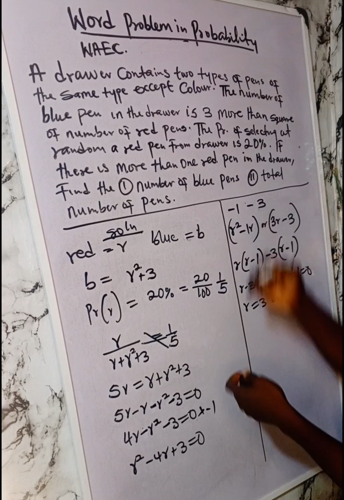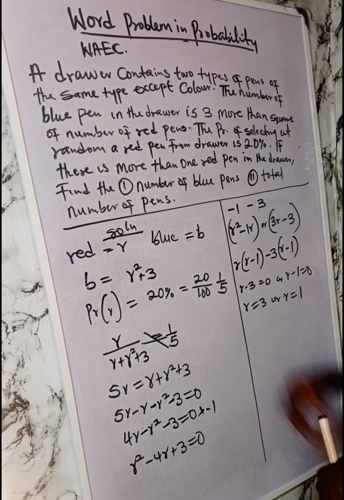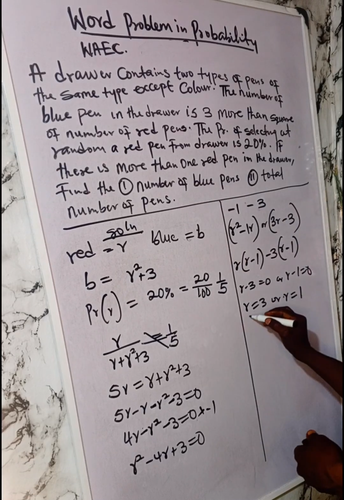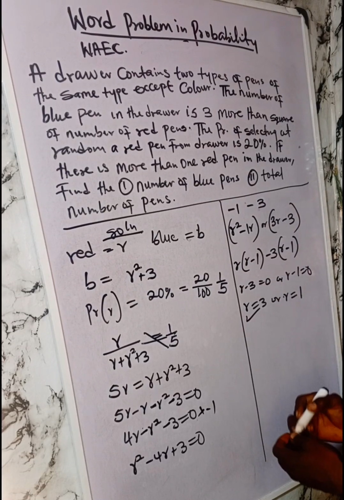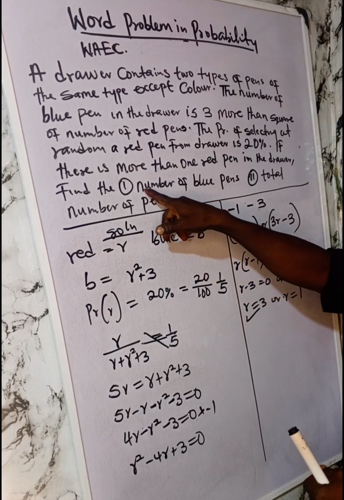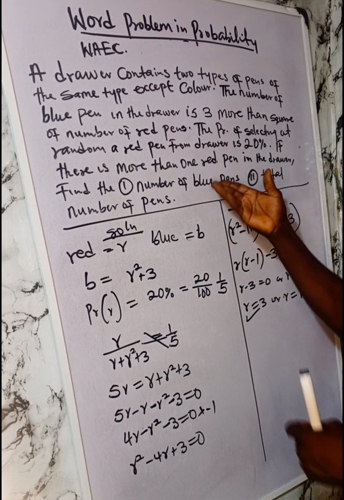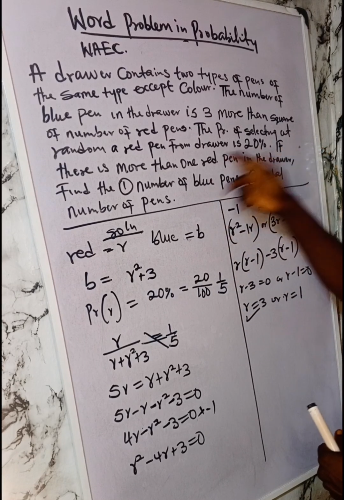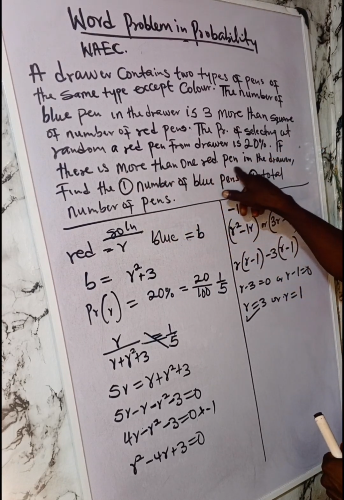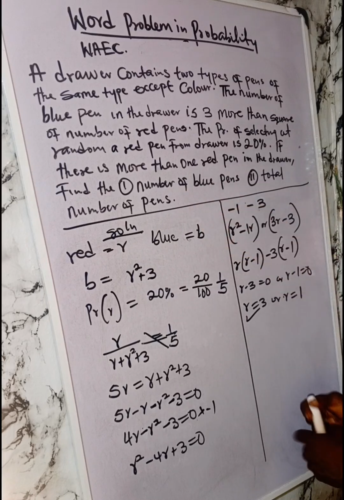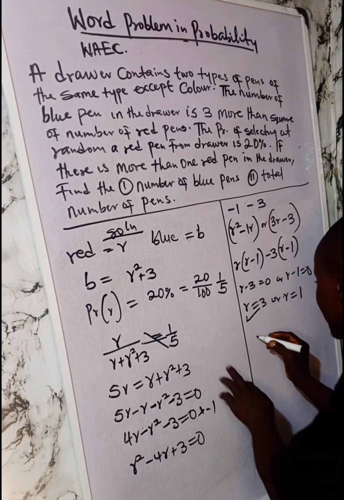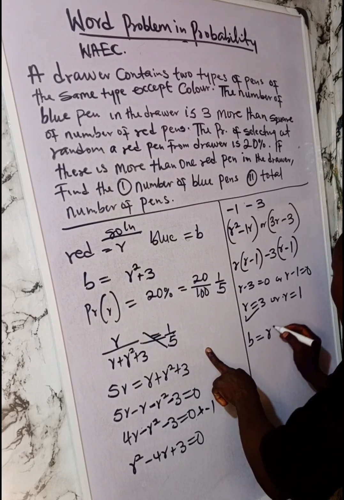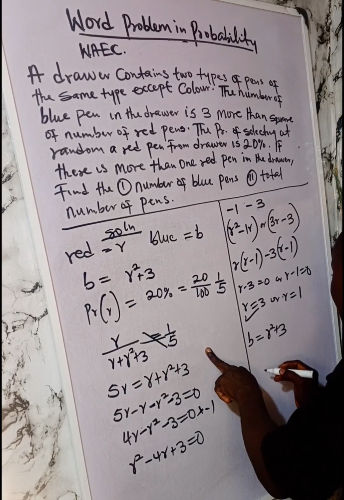But from the statement, they say that the number of red pens is more than 1. Because of that, the number of red pens is 3. Now let's solve for the number of blue pens. You know that the formula for blue is R squared plus 3.